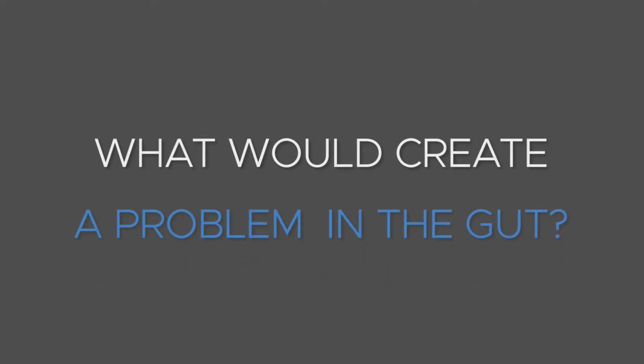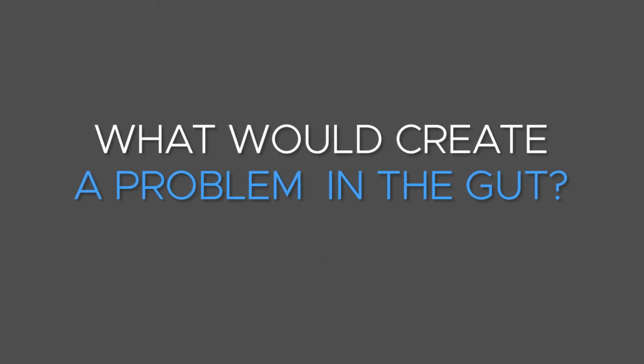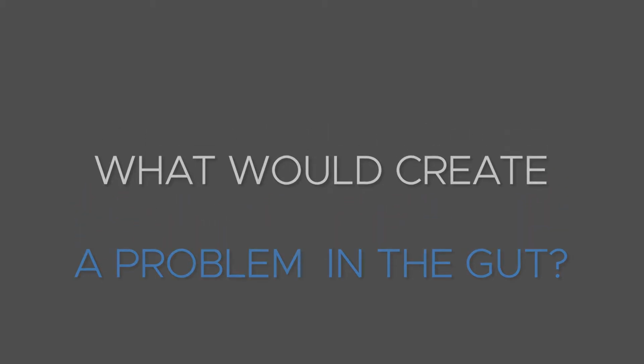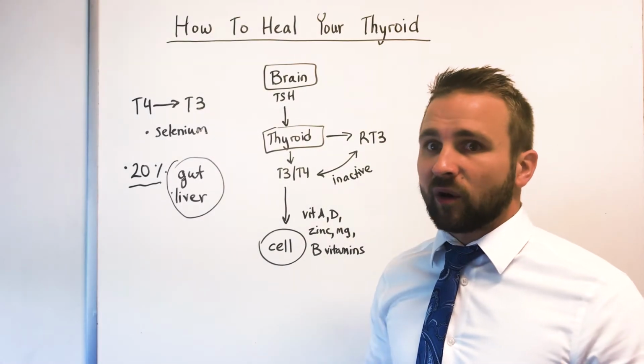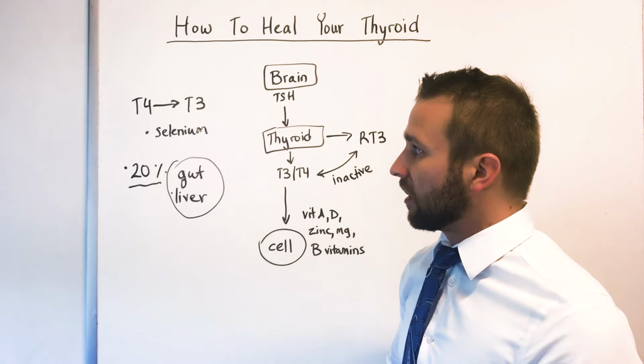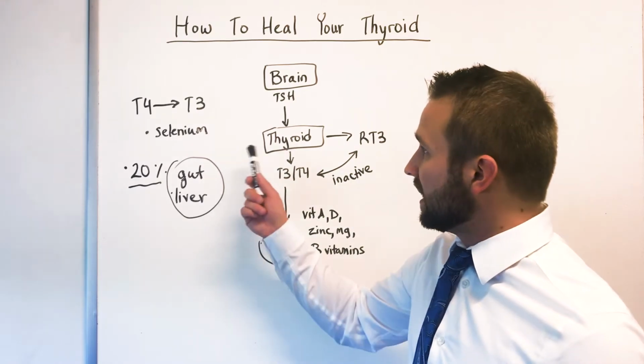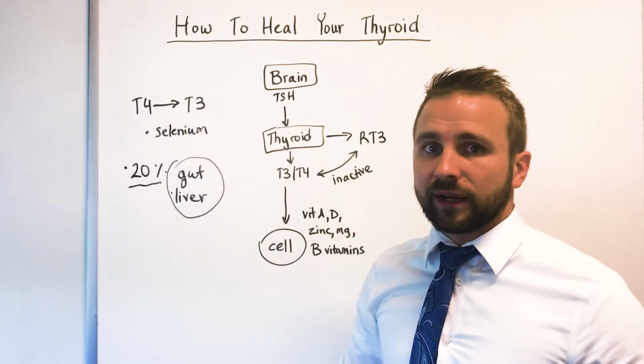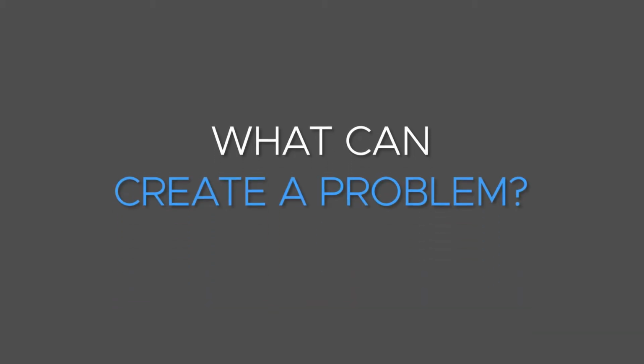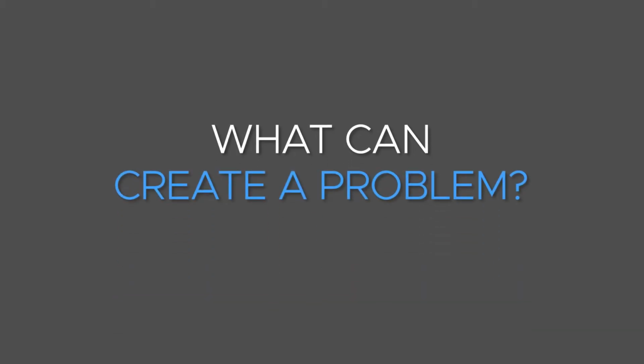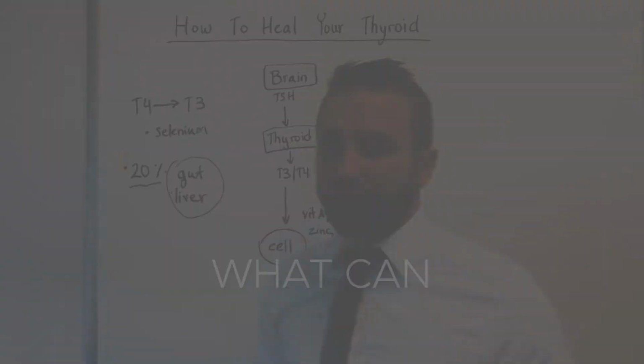So what would create a problem in the gut? Well, your bacteria, all the microbes, the microbiome, not just bacteria, all these different bugs, they actually are responsible for converting this T4 into T3. So what are some of the things that can create a problem? Well, any sort of imbalance in the gut can create a problem.